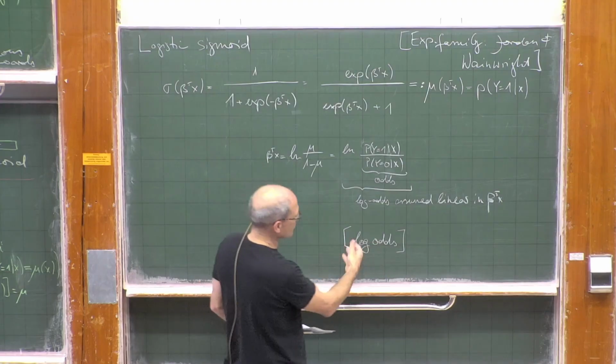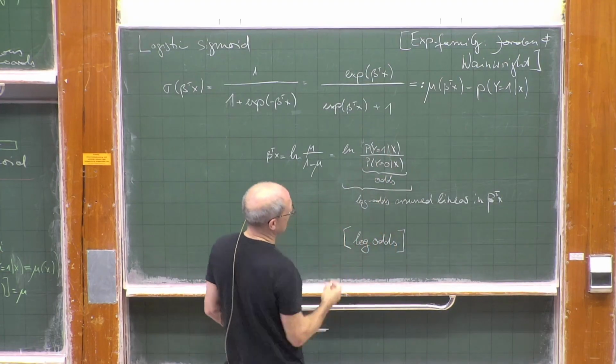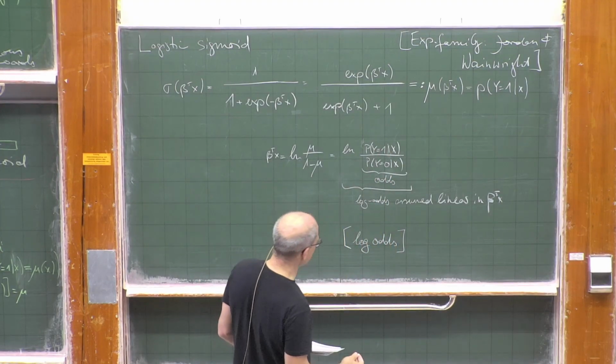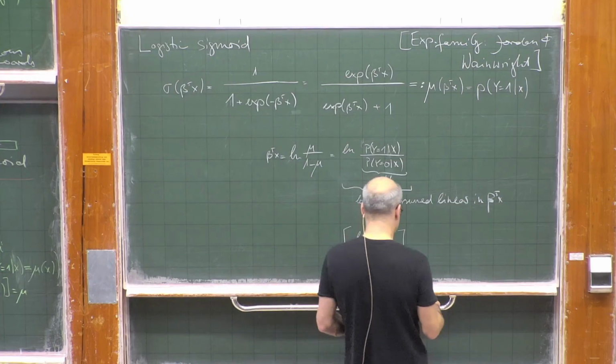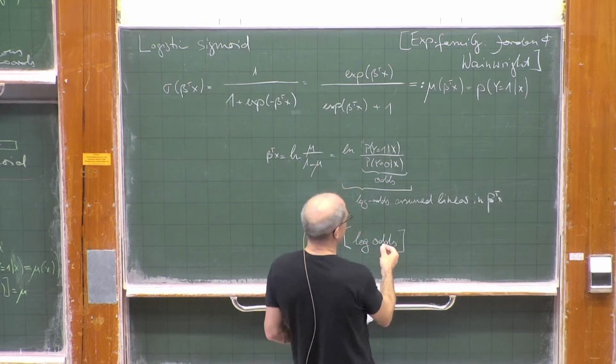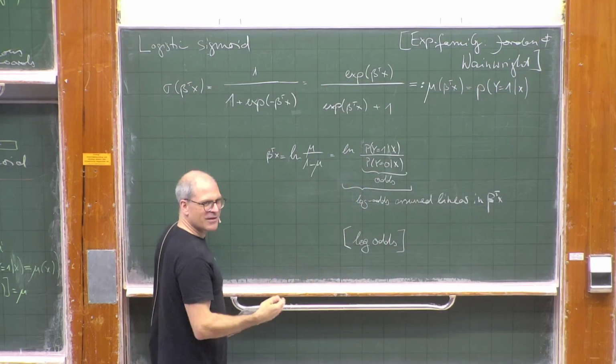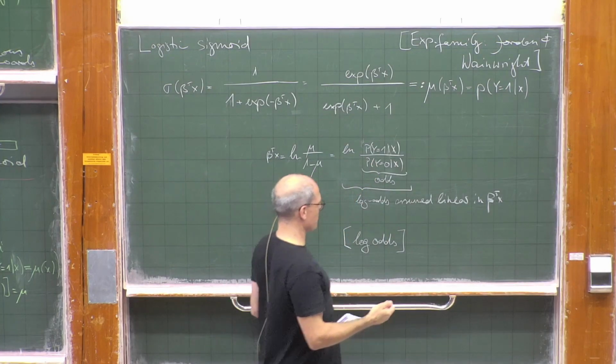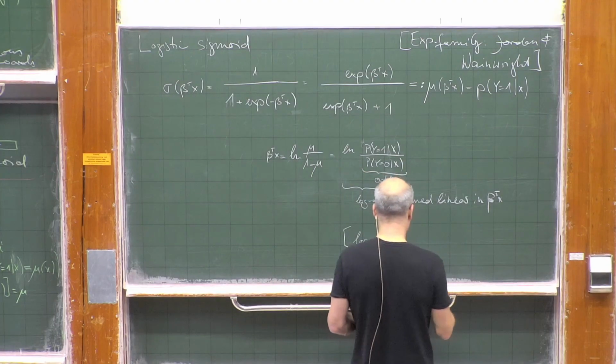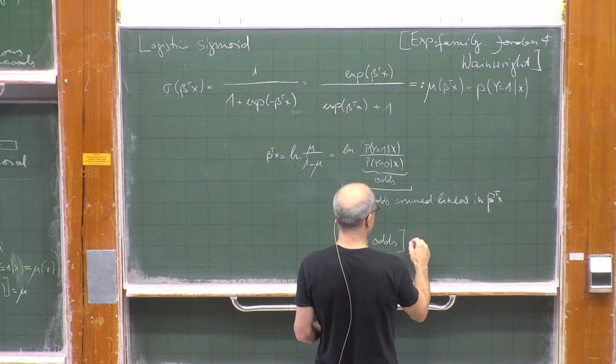And it looks dimensionless because we divide a probability by a probability, but still, because it's such an important property, it is endowed with a unit which is called the logistic unit.